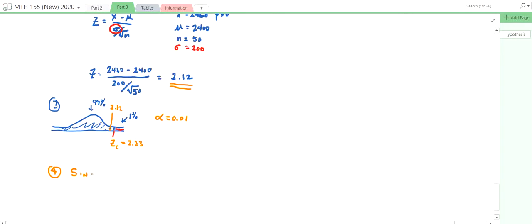Since z of our test equals 2.12, which is less than our critical z equal 2.33, we do not reject the null hypothesis.